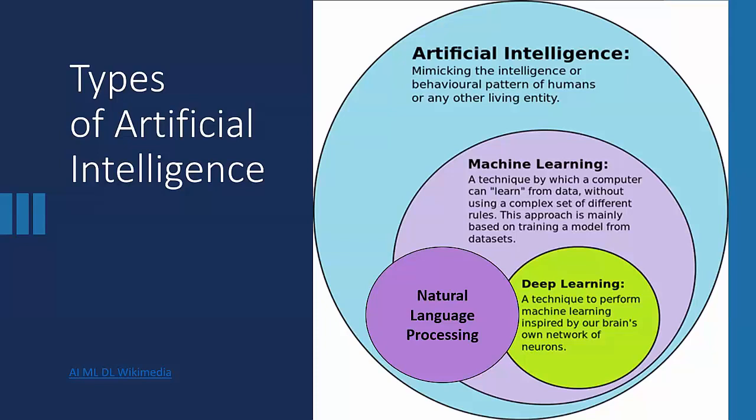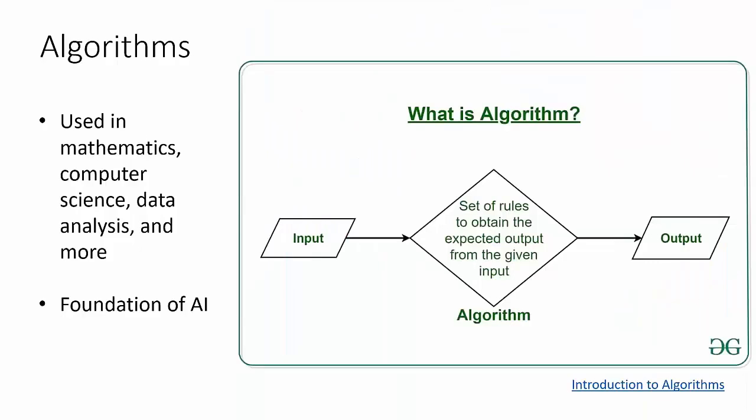We hear a lot about algorithms on social media, content apps, and in computer science. Algorithms are the foundation of AI. Understanding these foundational elements is really crucial as we explore the specific applications and capabilities of AI. So what is an algorithm?